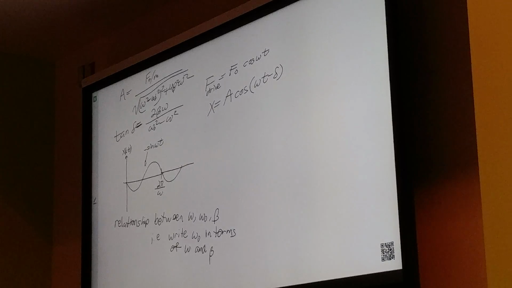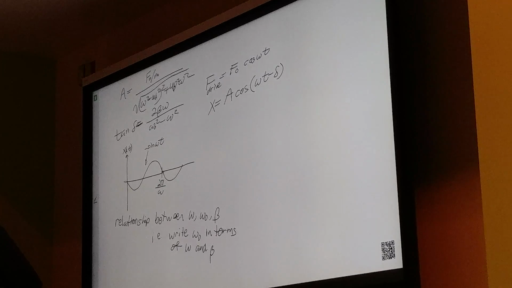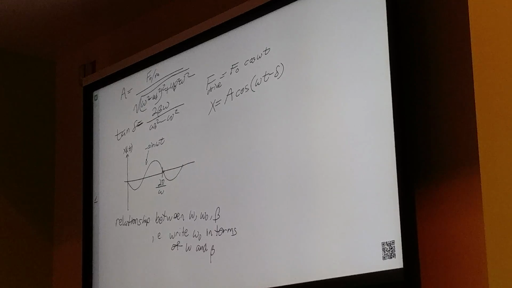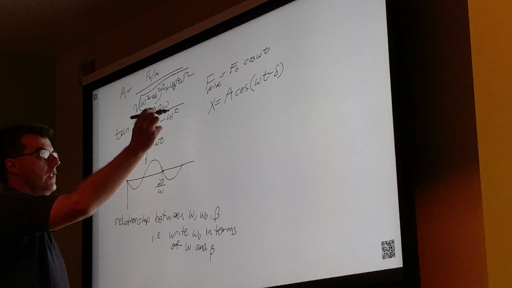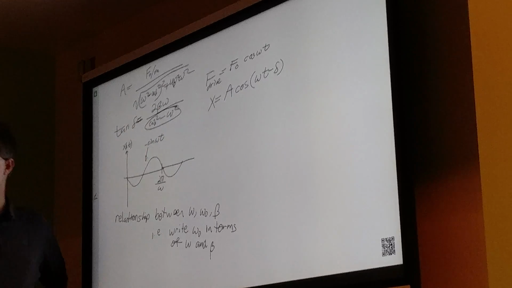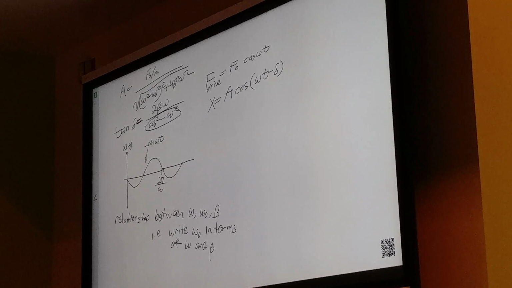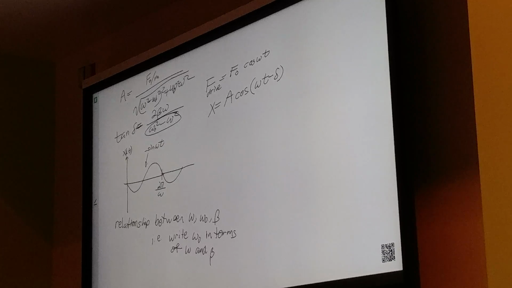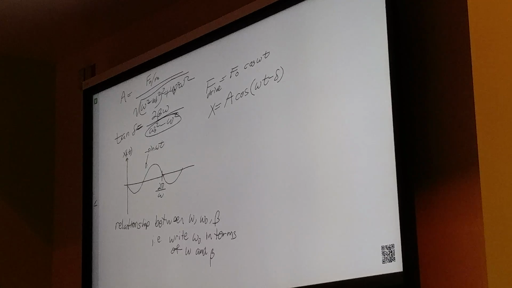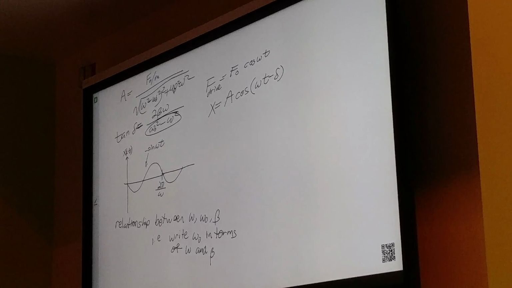It's gotta be pi over 2 or 3 pi over 2. What's the tangent of that? Yeah, tangent is effectively infinity. If the tangent is infinity, then what's this thing? 0. So, tell me what omega naught is in terms of omega and or beta. Yep, it's in resonance. That's all you needed to know.